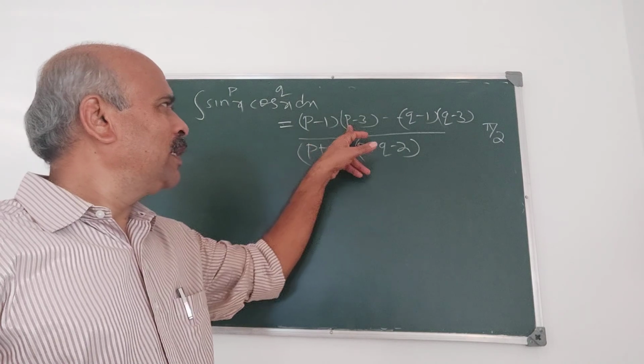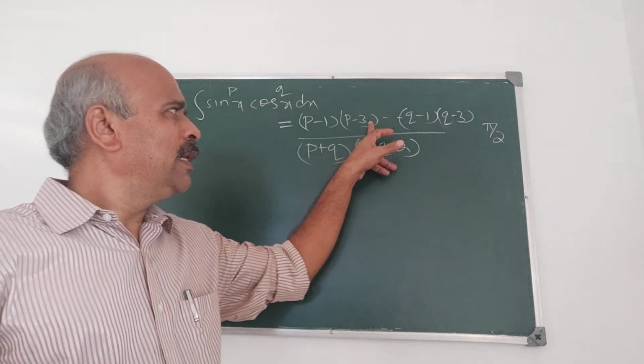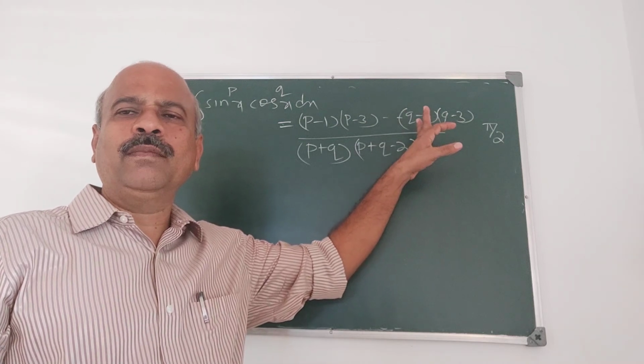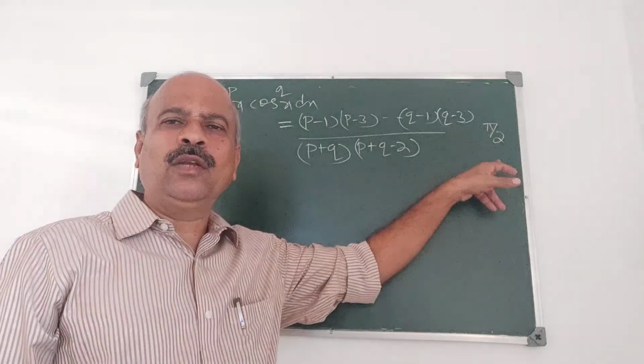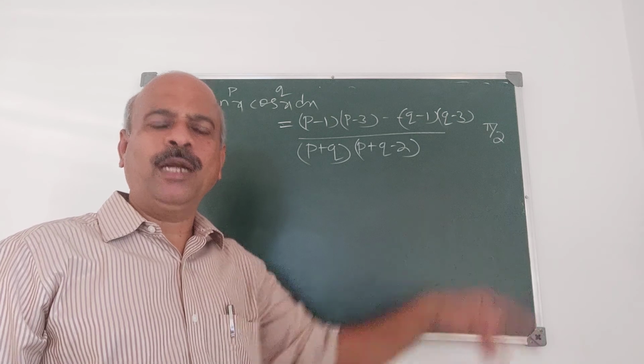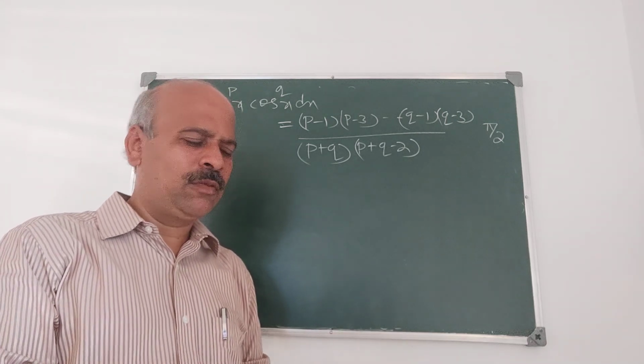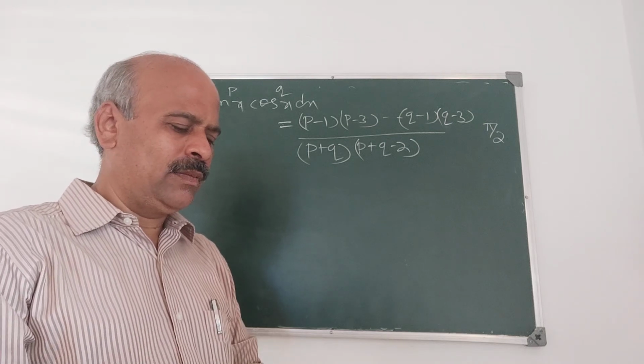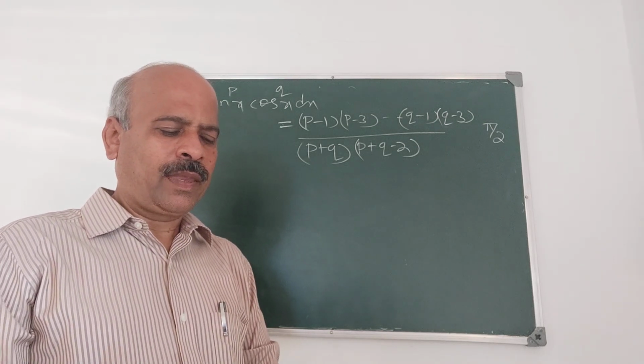Otherwise, each factor decreases by 2 and it reduces to 1 or 2 by 3. Only if both are even do you multiply by pi by 2. That is the formula. I explained the derivation in the last period, and I consider some examples on this today.